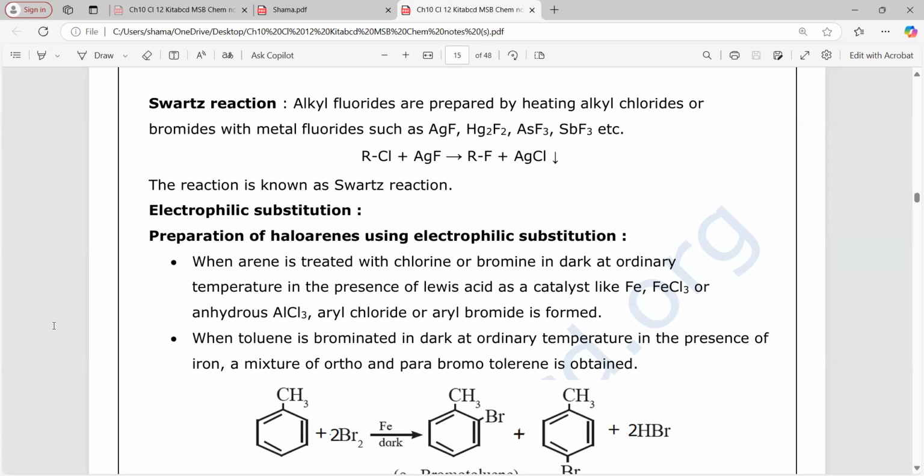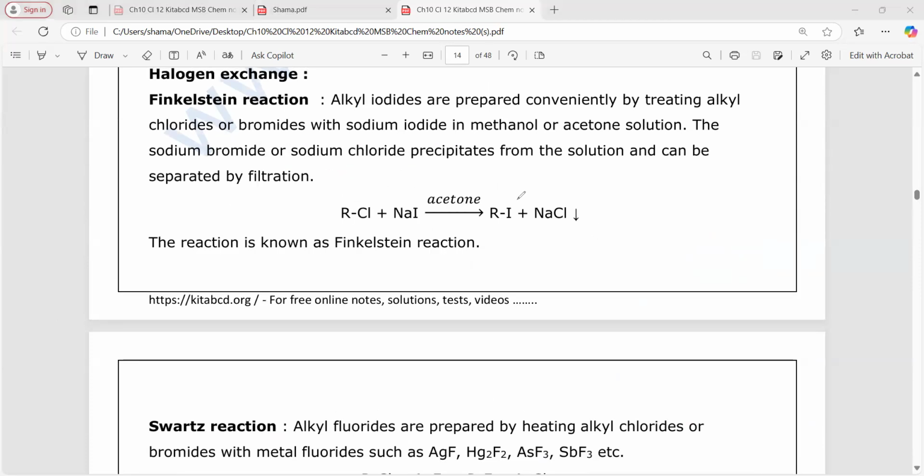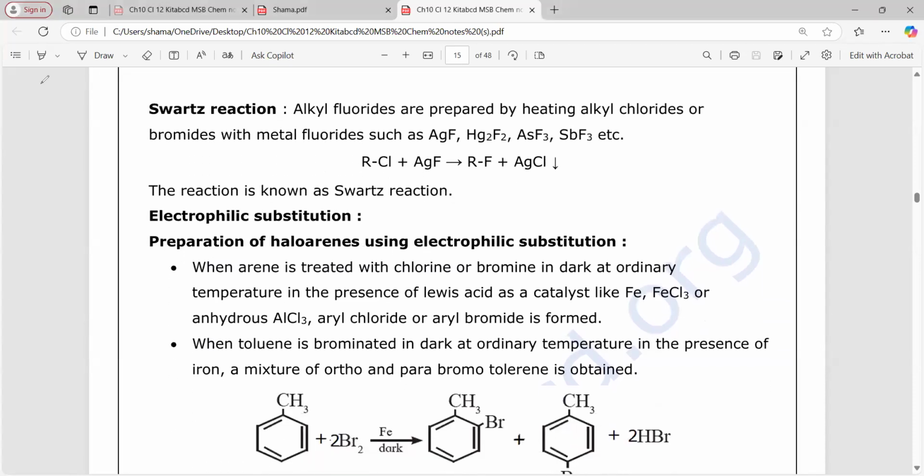Because of that, it is very hard to prepare the alkyl iodide, and hence the Finkelstein reaction is used for the preparation of alkyl iodide. And alkyl fluoride, we are not able to form by direct fluorination of the hydrocarbon because that reaction is poisonous and a lot of toxicity will happen.